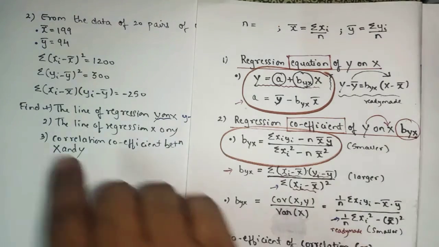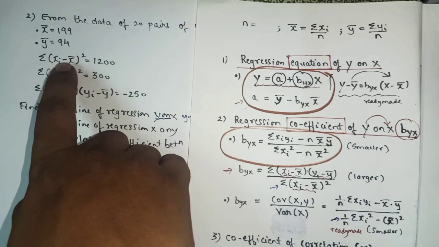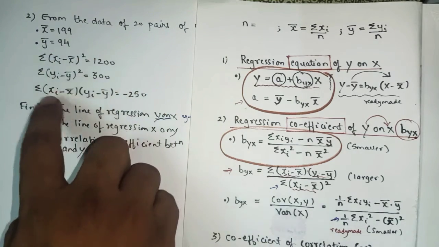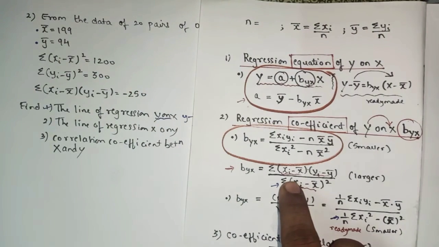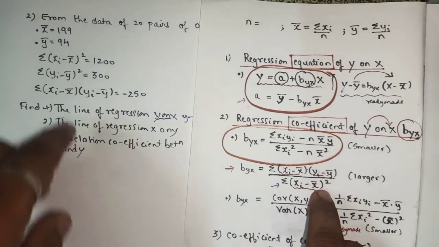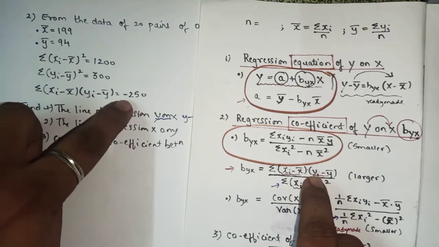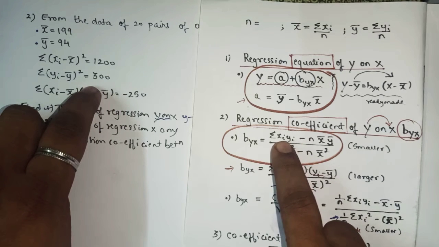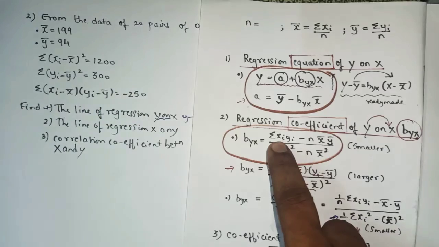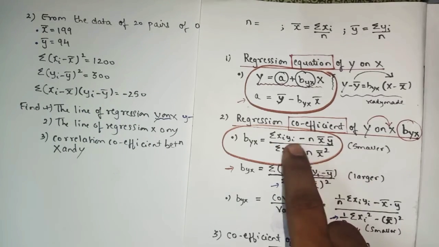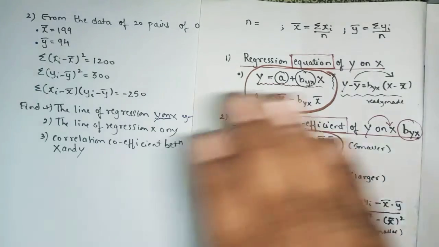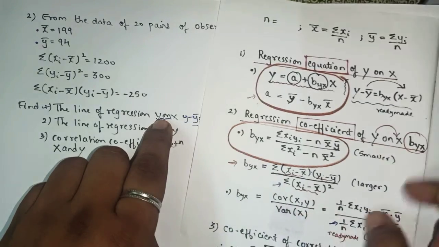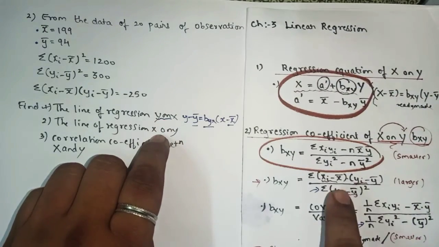So guessing is very simple: just focus on the given data. The (xi minus x mean) the whole square is there in the second formula, and this part is also the ready-made value. If you want to apply the first formula, we require the individual values of xi and yi. So according to the given data, we have to apply the second formula for y on x. For x on y, here also the second formula will come.